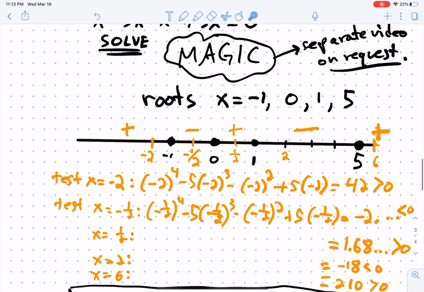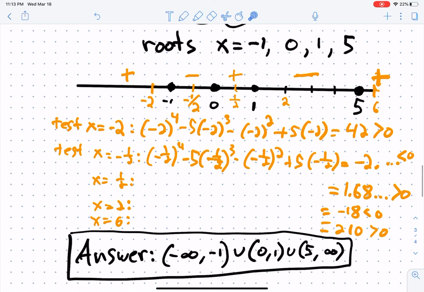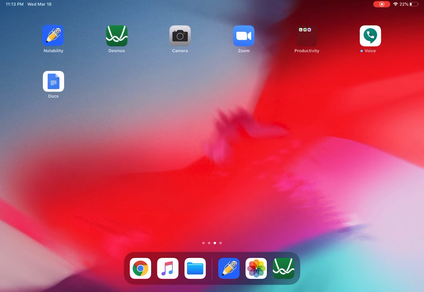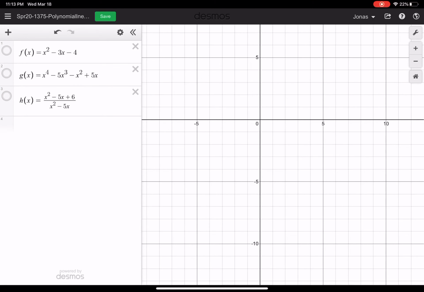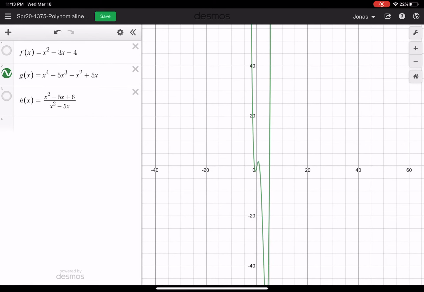And just as one final verification before we go, we're going to switch over to Desmos, and we'll look there at the graph of this function. It's the function I'm calling g of x. And if you zoom out, you can see it goes down and up quite strongly in the y direction.